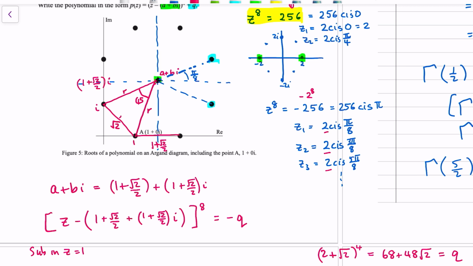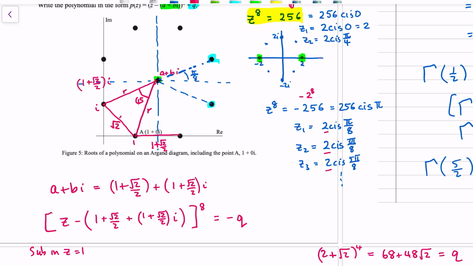That's going to cancel off with the first part of the real term, 1 plus root 2 over 2. I need an emulator for my calculator so you can see what I'm actually typing in.